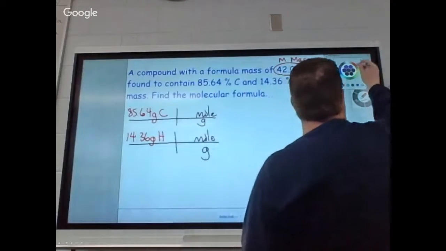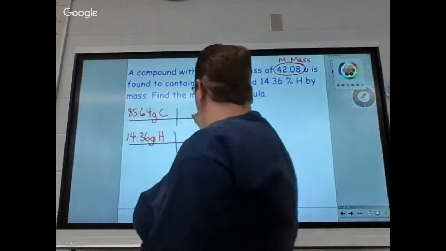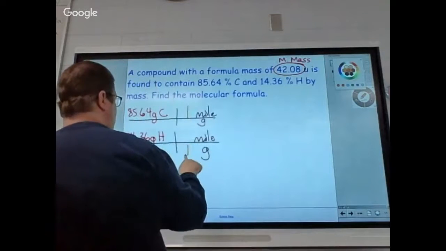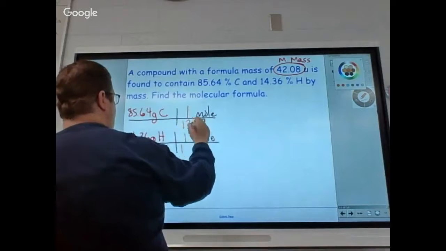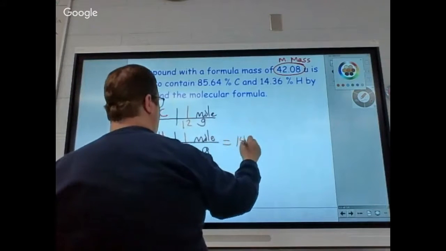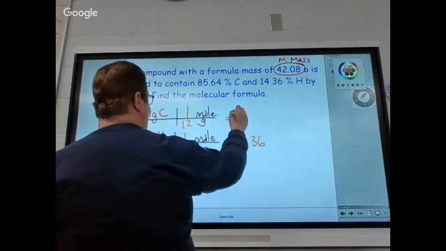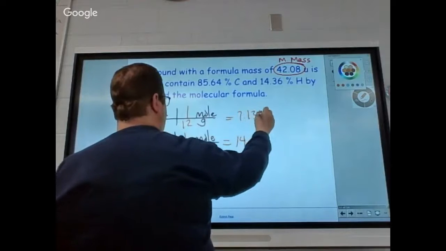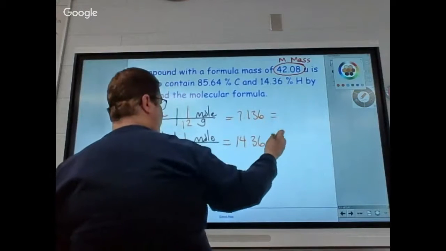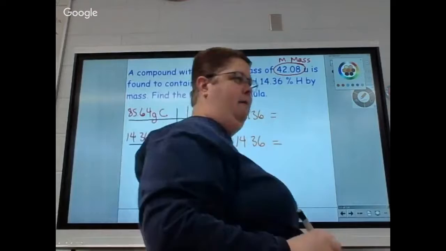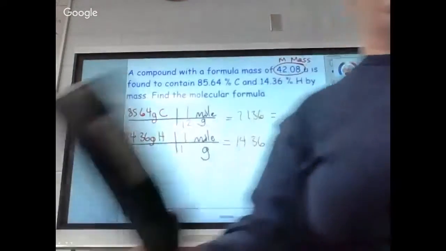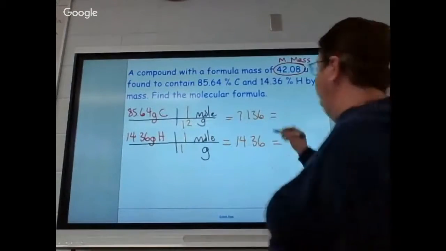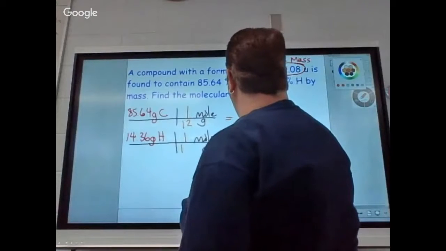All right, so what goes on the top and on the bottom? The math. Okay, so the mass of H is 1, carbon is 12, 14.36, 7.136. What are we doing now? Guy who's smaller? 7.136.